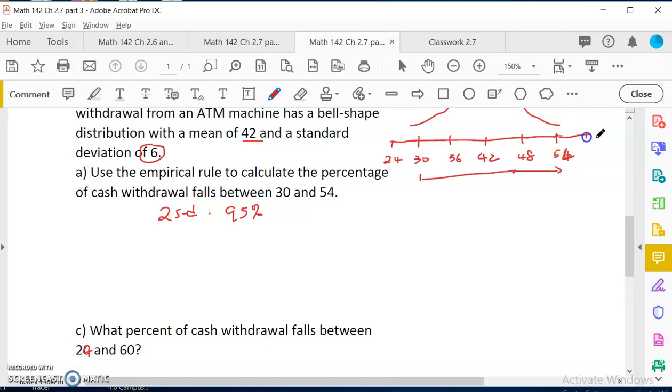And then if I do one more standard deviation, which is 3 standard deviations, that would be 60. I add 6, minus 6, minus 6 is 24. So 24 to 60 should be 3 standard deviations away, right? So that would be 99%. More than 99%.